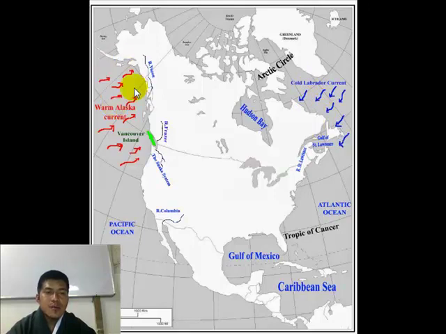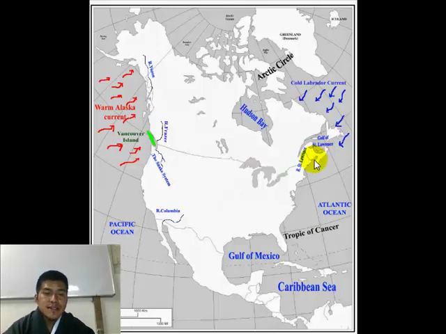Whereas the warm Alaska current washes the northwestern coast. The ocean current means the wave of the water. When the water is warm, the current it brings is the warm ocean current. And if the water is very cold, it brings the cold ocean current.